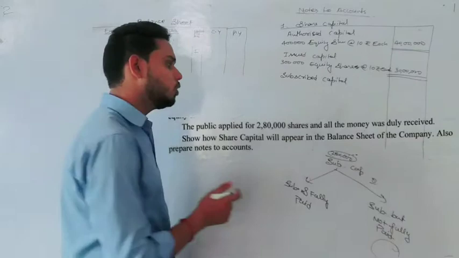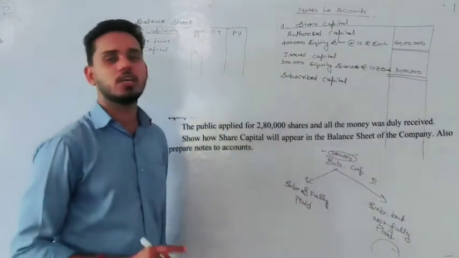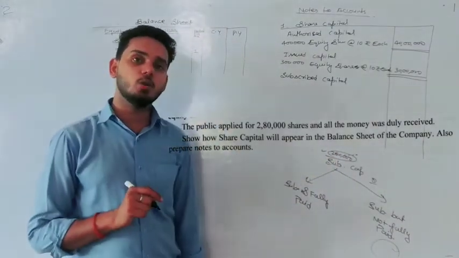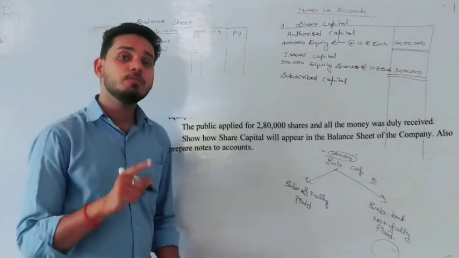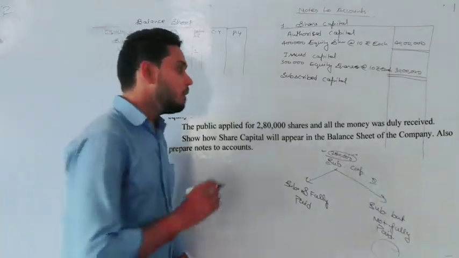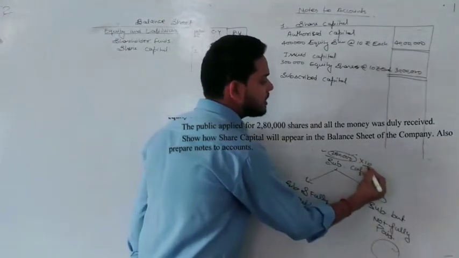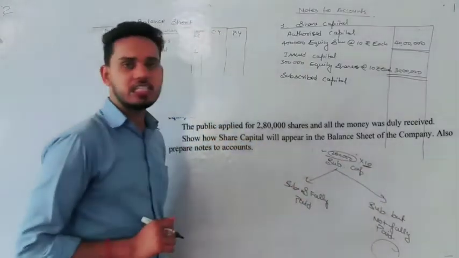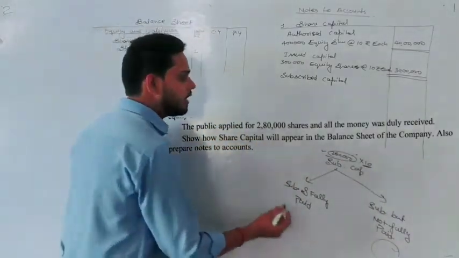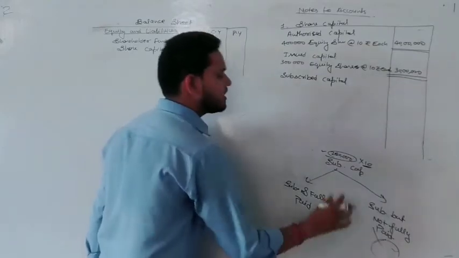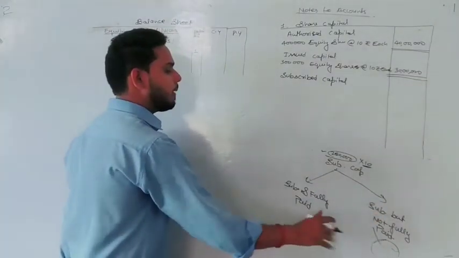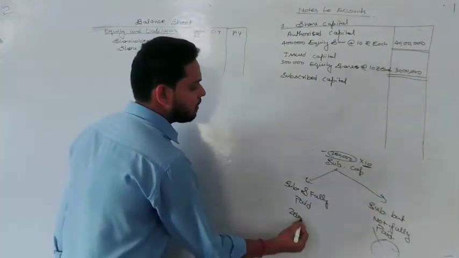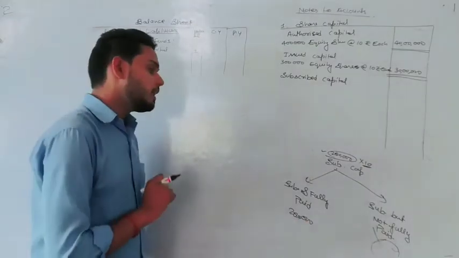So now we will write 2,80,000 shares here. Now it is written in the question that all the money was duly received, meaning the whole 10 rupees amount got received. So you can assume that there is no categorization in that part and every share will be written here. Okay, right.